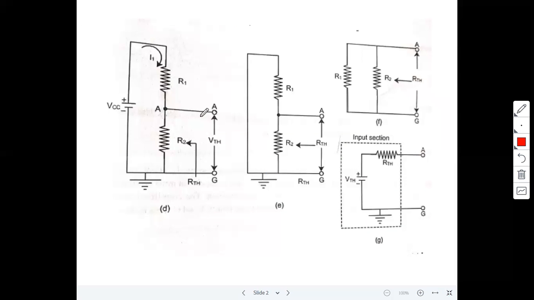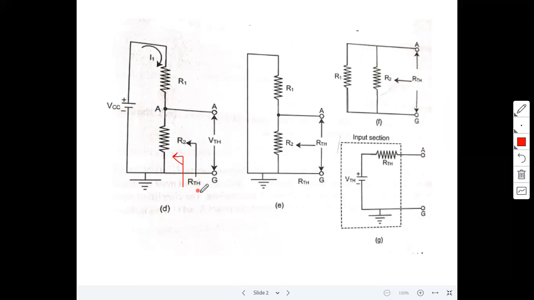These are the circuits. These two resistors are separately drawn here: VCC, two resistors R1 and R2, and this is the V Thevenin and this is the R Thevenin. How to find V Thevenin? Simply apply the voltage divider rule.